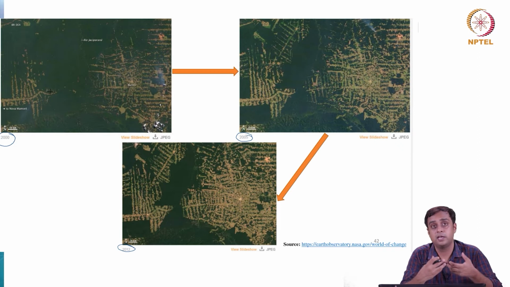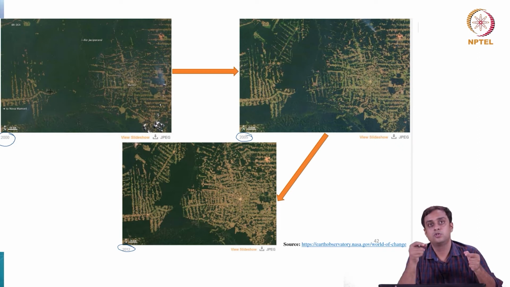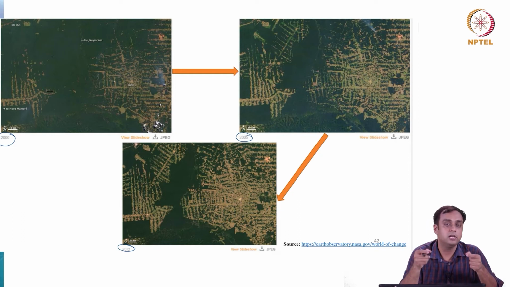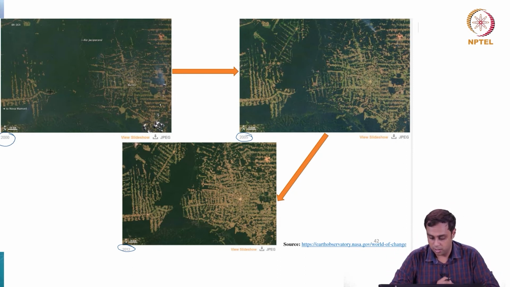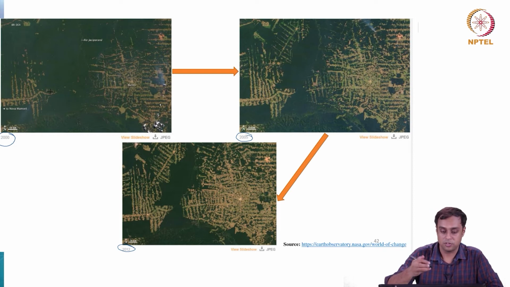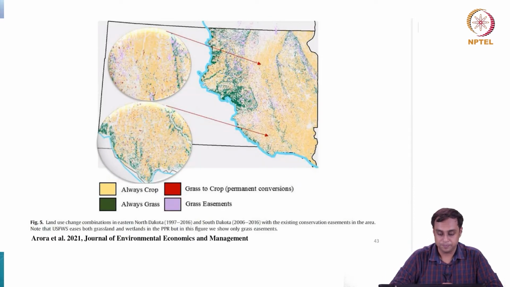You have basically replaced a green pixel, which was the Amazonian forest, with some kind of development. It could be agricultural land, it could be a road, and so on. So what you see here is an intensification of deforestation through time in a particular region in the Amazon rainforest.